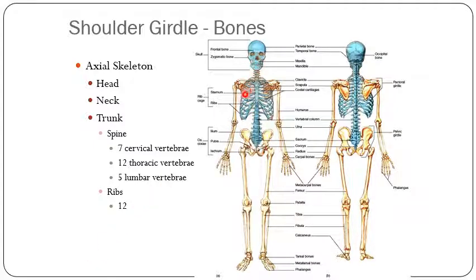So you see those structures in here. So again, the skull, the spine, and the ribs, along obviously with the sternum as well. And again, you see here, turn around to the back, you can see the orientation of the shoulder girdle relative to those structures in and around the axial skeleton.